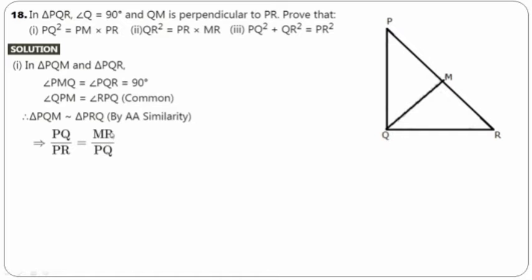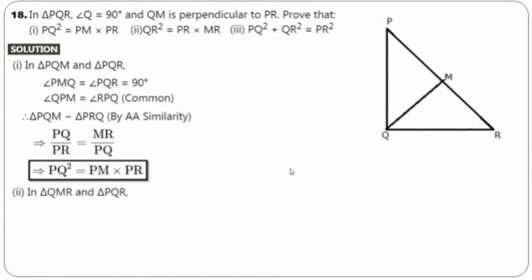I'm sorry, this is not R, this has to be P. So in that case, what you get is MP, or PM. PQ into PQ will be PQ square, equal to PM into PR, and that's what we want to show in the first. Let's see the next one.